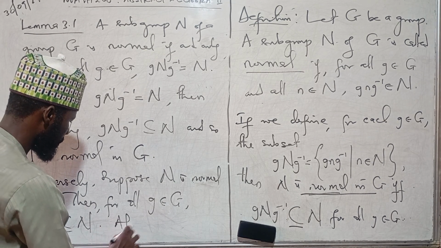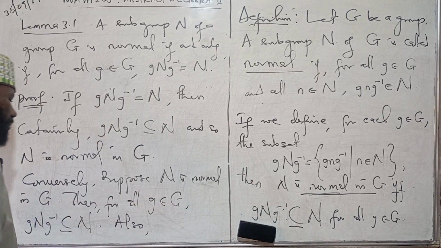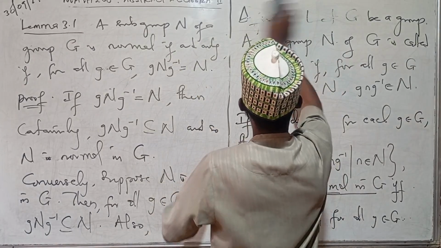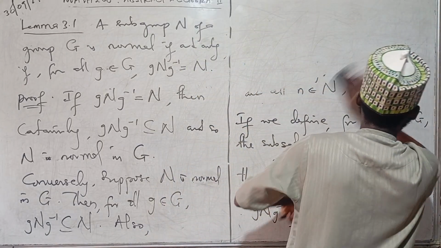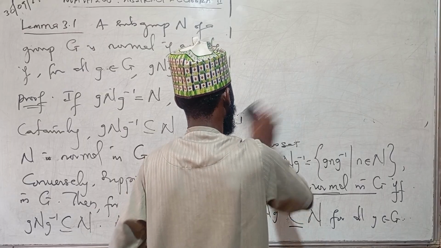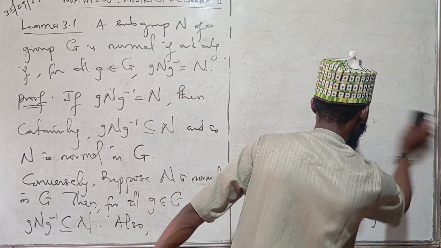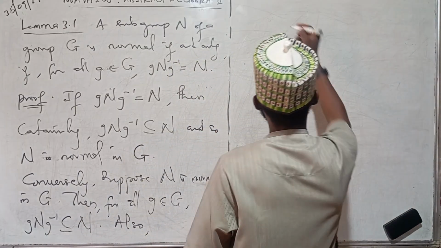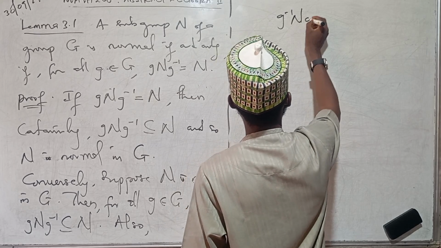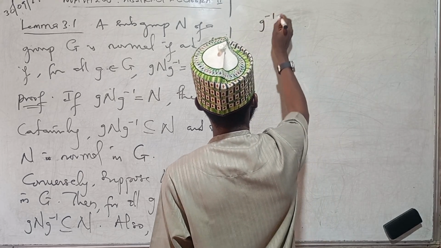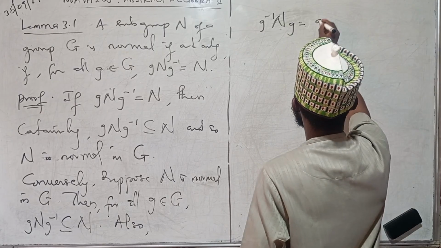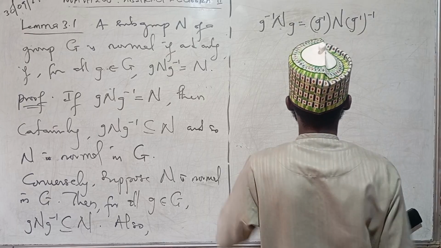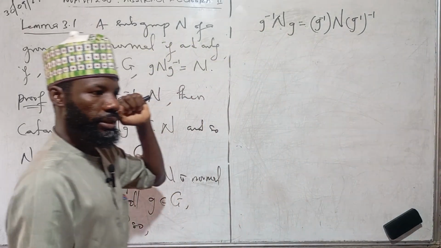Also, for every g, if you take g inverse, g inverse Ng is the same thing as g inverse N (g inverse) inverse, because g is the inverse of the inverse of g.